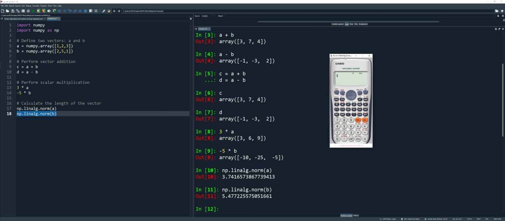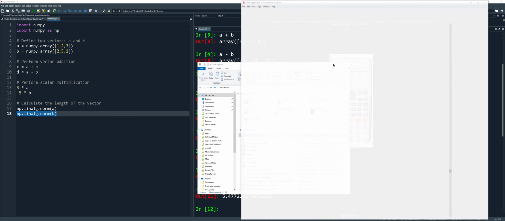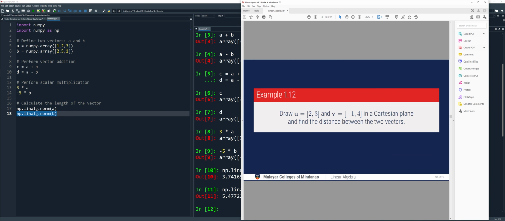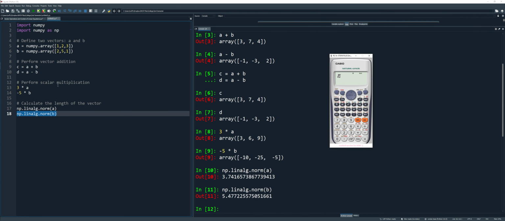This is my calculator. So remember the formula for the length of a vector. The formula for the length is this one. All we need to do is to get the square root of the sum of the squared components of that vector. So let's try to check the length of vector A. So square root of the squared components.